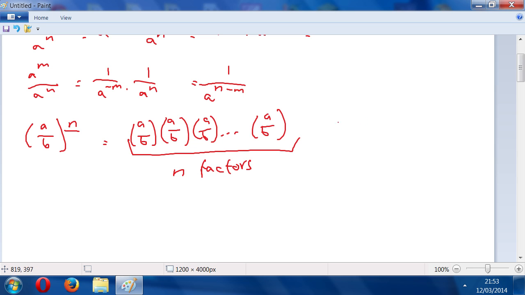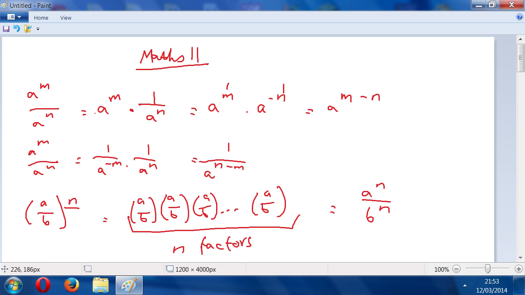So what we can say then is that this is equal to a to the n over b to the n. So it's a times a times a, n times, and b times b times b, n times. And look back at the top one again: a to the m times 1 over a to the n.